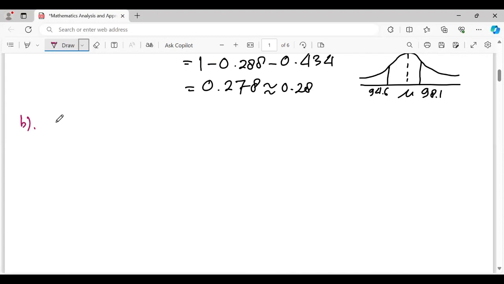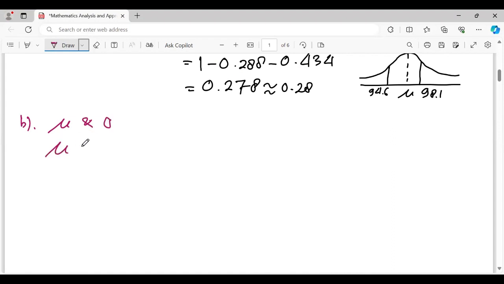Actually, you can use a table, for example, to determine z for the z distribution. But I have calculated through a scientific calculator. So now mu and sigma. I'm going to use this.